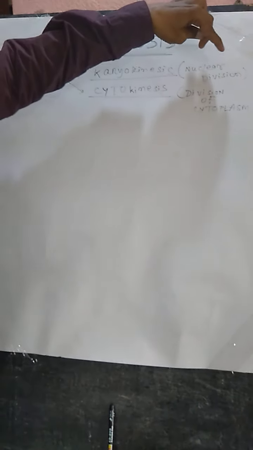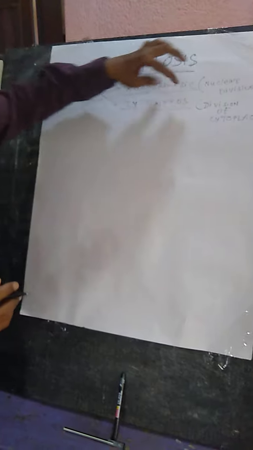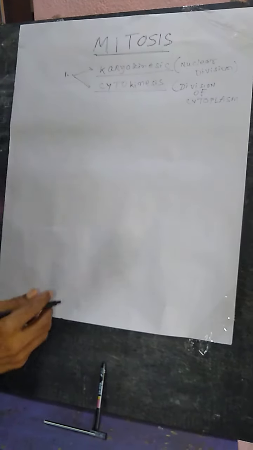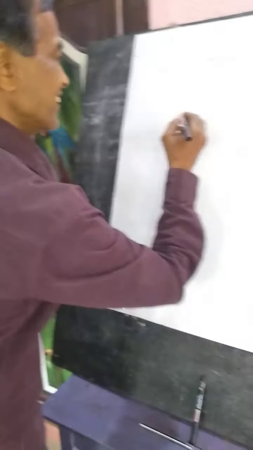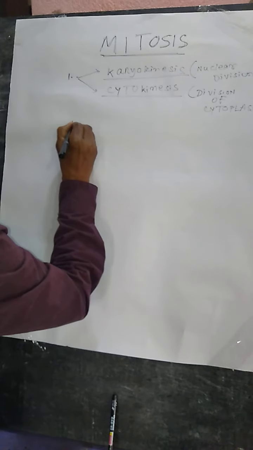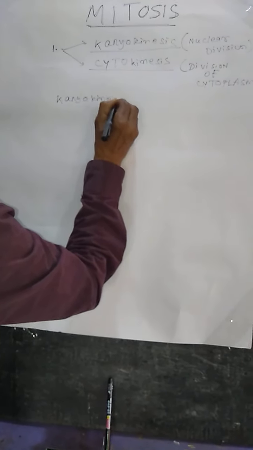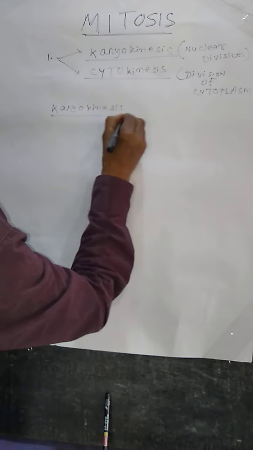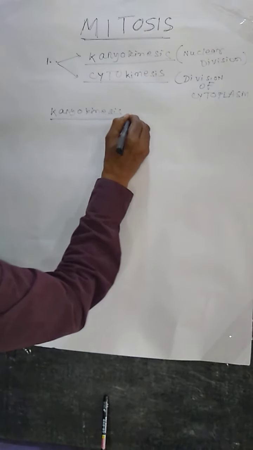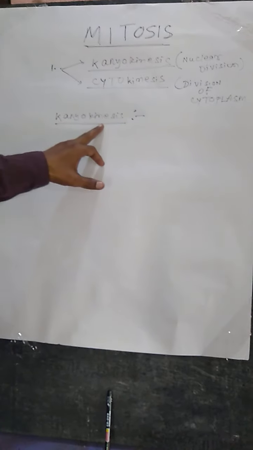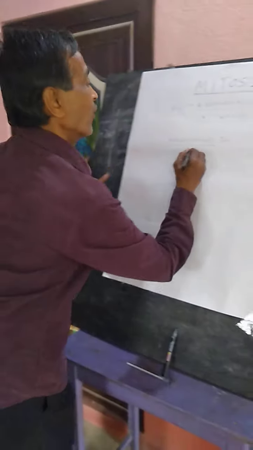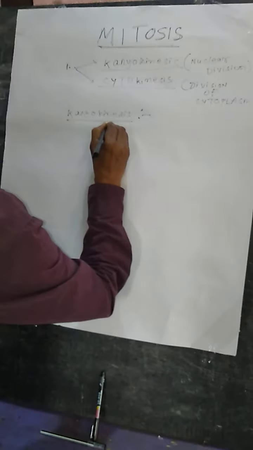Karyokinesis, division of nucleus; cytokinesis, division of cytoplasm. Karyokinesis is again divided into four subphases.